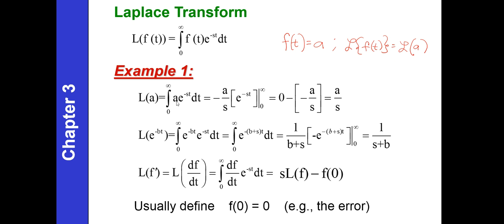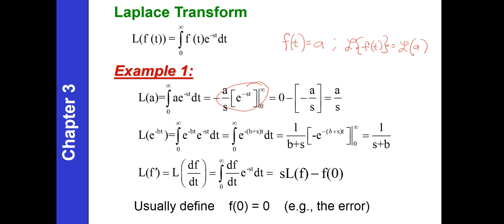Since a here is a constant, we move a outside and we get the integral of e to the negative st. Applying the rules of integral, we have a result of negative a over s times e to the negative st from 0 to infinity. Now evaluate this equation.